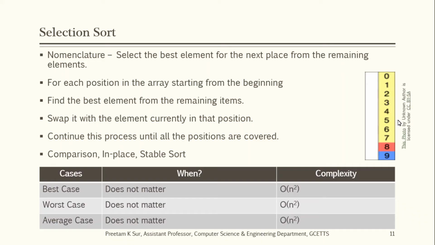It will always do its full job, all the iterations and all the swapping it needs to sort the array. This is an algorithm where you will have order of n square complexity for all the cases, because there are no specific cases for selection sort. There is no best case, worst case, or average case. Any array you give it, it will take order of n square.